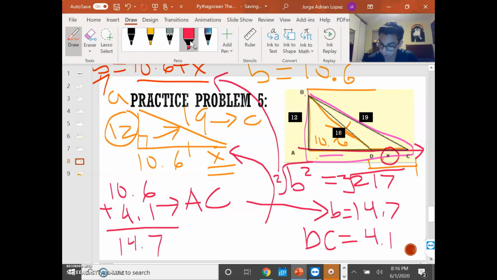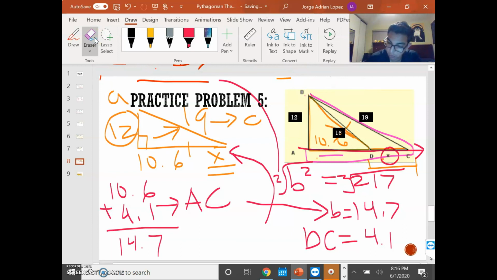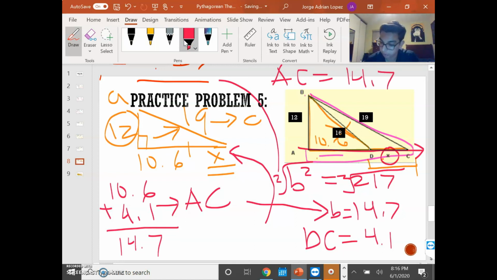Alright? So now we know, I'm going to write it here on the top, that AC, I'm going to erase this, AC is equal to 14.7. Alright? Now that we know AC is 14.7, let's check ourselves, okay?